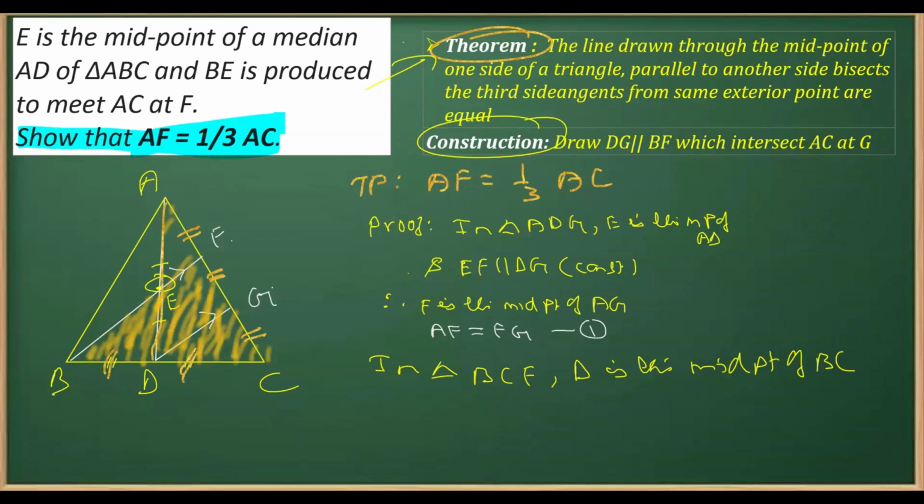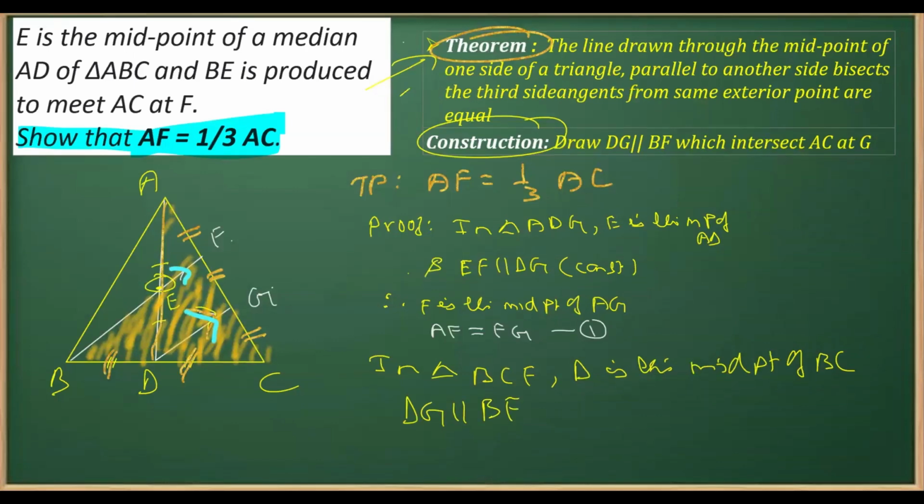That means BD is equal to DC. And this line is drawn parallel to this, so these two lines are parallel by construction. So we know that DG is parallel to BF.